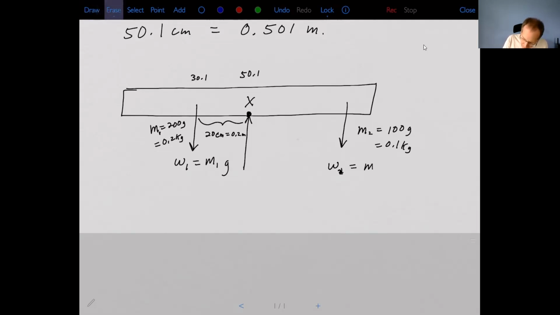Let me erase that. W2 is going to be M2G. And when I did this experiment, I found that it balanced when it was hanging at 90.